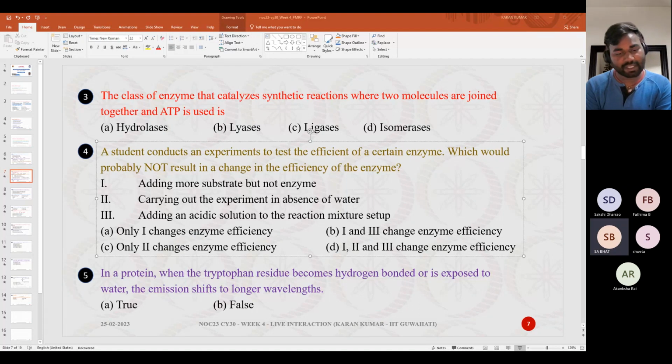Let us say a certain enzyme is more functional in an acidic environment. Then if you are adding the solution, what will it impart on a particular enzyme? What will be the fate of the enzyme in a more acidic solution? Let us say you are not adding highly concentrated acid. You are adding some amount of acid. Then will it change the efficiency of the enzyme?